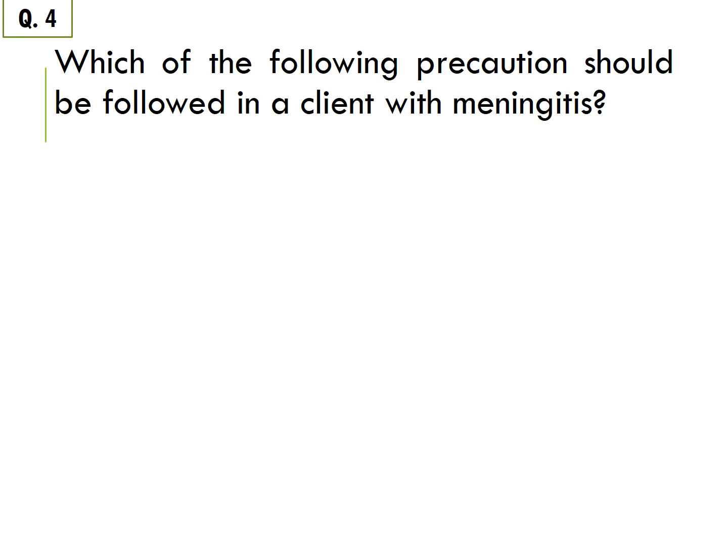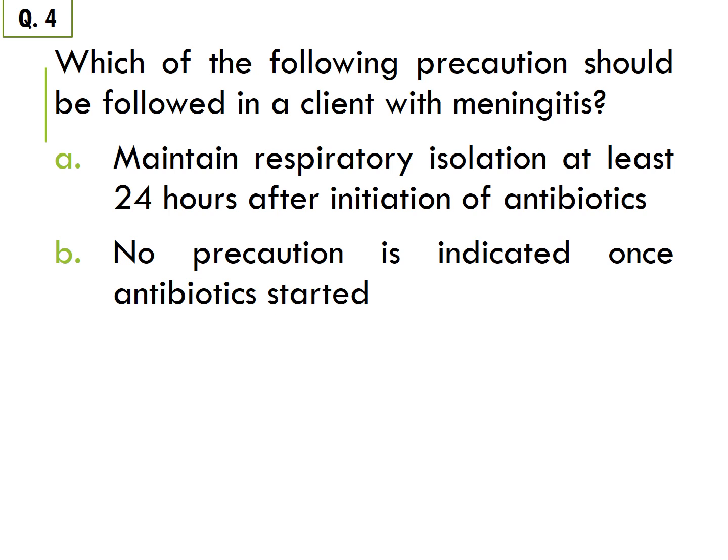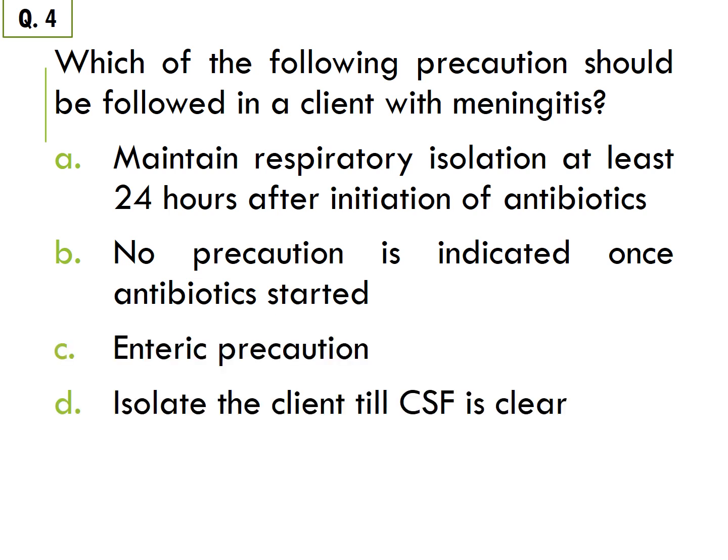Question number 4. Which of the following precautions should be followed in a client with meningitis? And options are: Option A, maintain respiratory isolation at least 24 hours after initiation of antibiotics. Option B, no precaution is indicated once antibiotics started. Option C, enteric precaution.